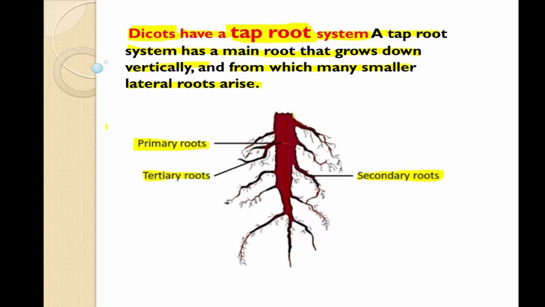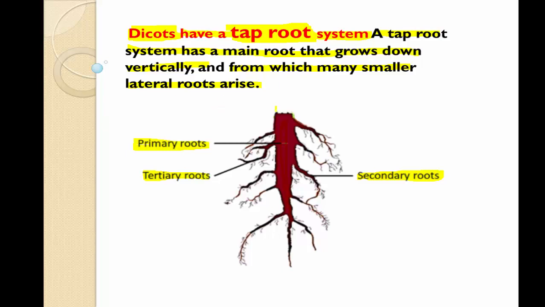While doing the practicals, if you get only a root, on the basis of root structure also, it is possible to identify whether that root belongs to a dicot or a monocot. If the root system consists of the main centrally located thick primary root along with its branches, no doubt that root system is taproot system, and taproot system is found only in case of dicots.